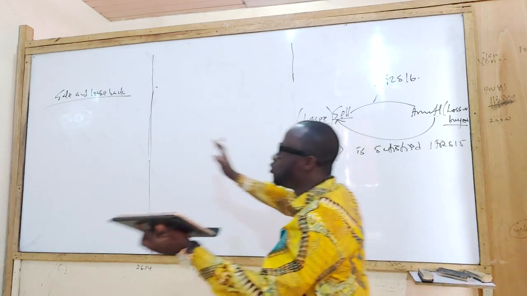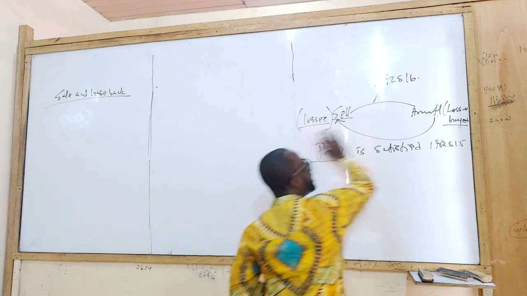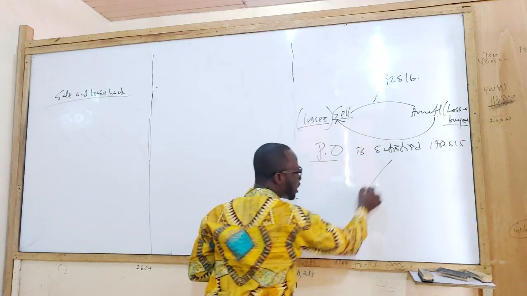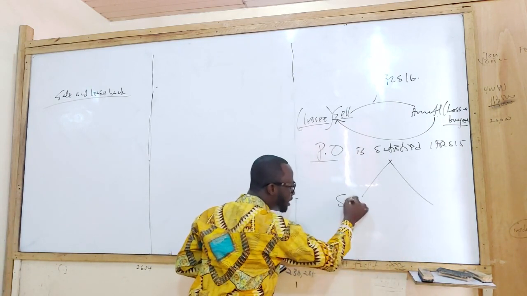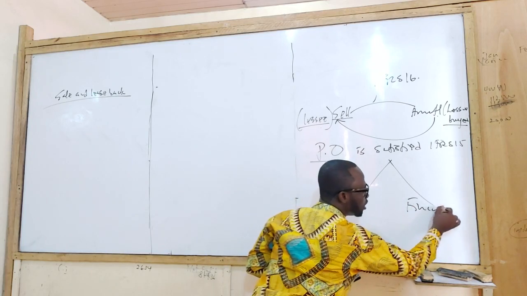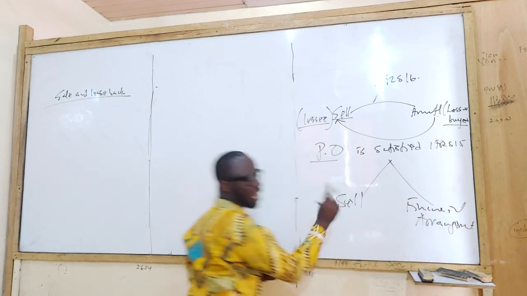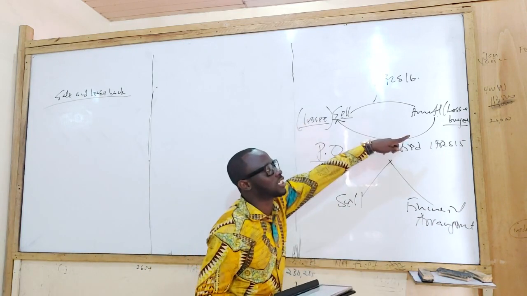So let's look at the rules about how these two happen. Before we decide, it means two things can happen here: the transfer is a sale, or it's a financial arrangement. In a financial arrangement, ownership is not transferred.